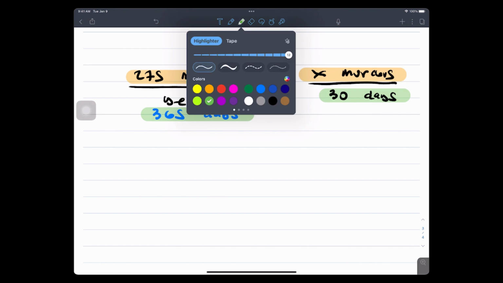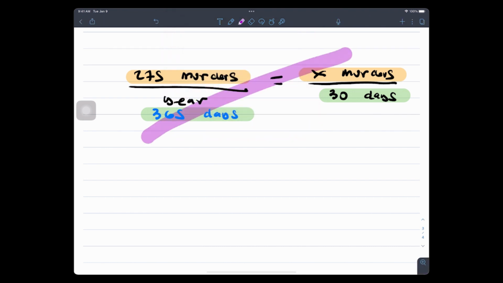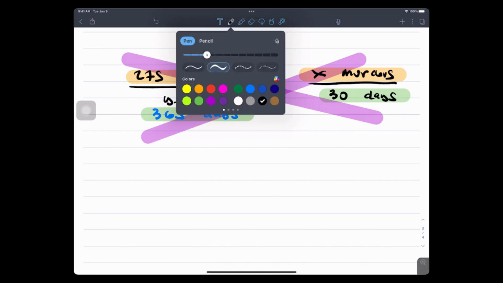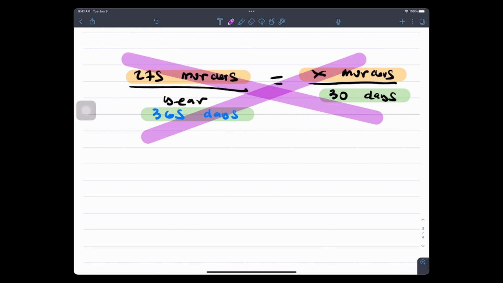So now, ladies and gentlemen, what do you do? Cross multiply. 275 murders to every 365 days becomes x murders to every 30 days.